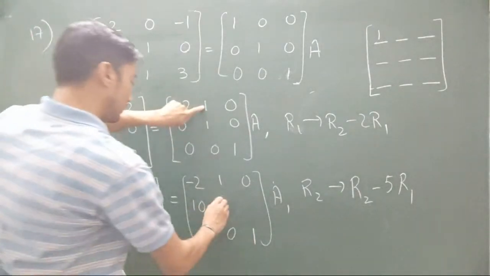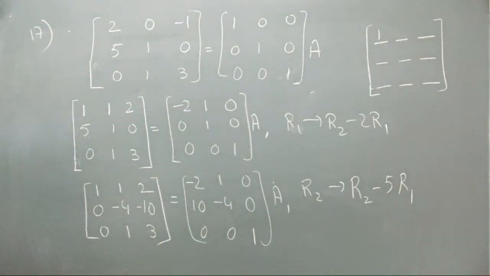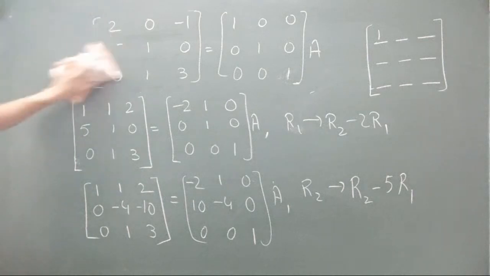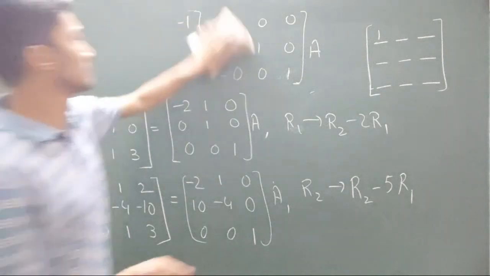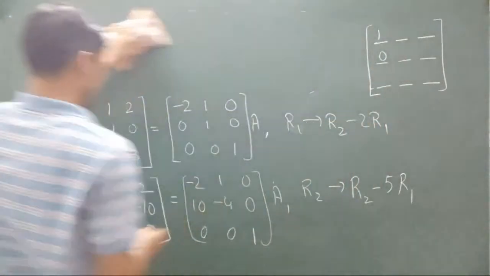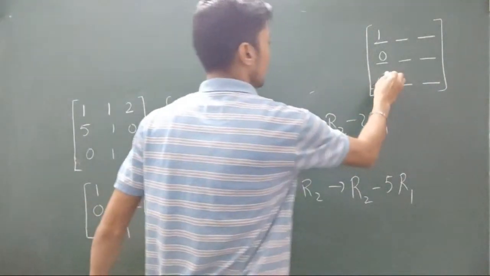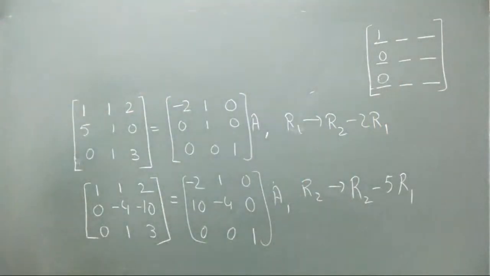So 1 minus 5, minus 4. This is 0. So this is done. Next again, this step. This is already 0. So I don't have to work on that.